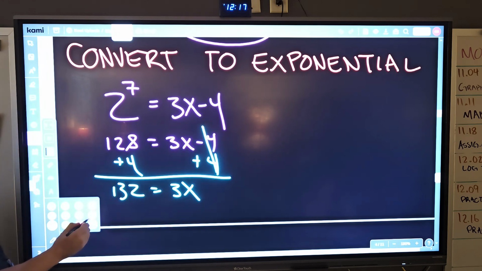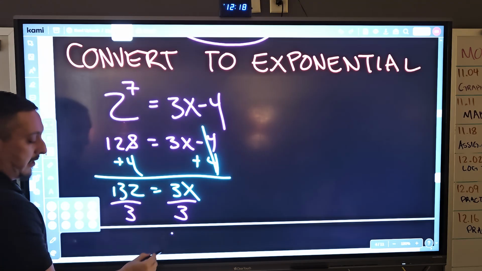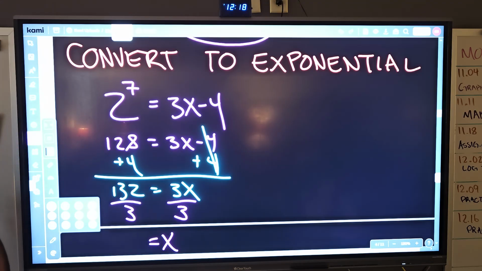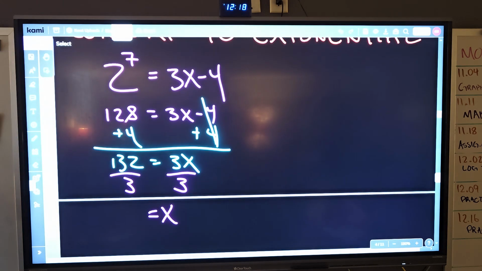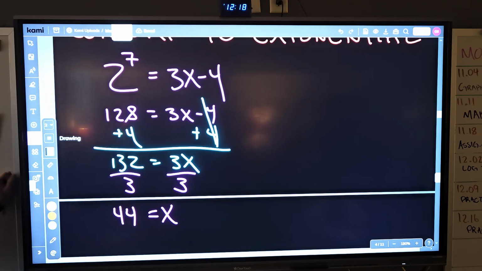Then I divide both sides by 3. And I get x equal, I don't know, whatever that is. 44? No. Do you have 43.7? I think. See if you type in 132, you might type in like 131 or something. I got 44.